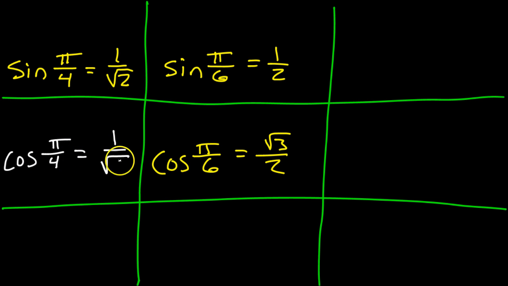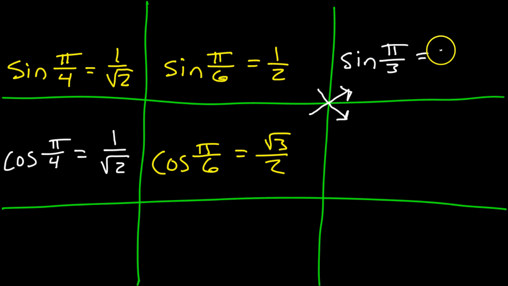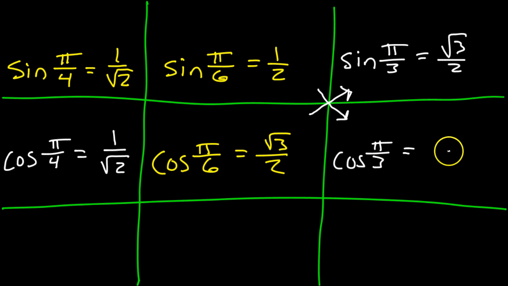So that is also 1 over radical 2. Second, these two are reversed for what comes next, because we need to know the sine of pi over 3, but that's going to be radical 3 over 2. And we need to know the cosine of pi over 3, and that's going to be 1/2. See how they just crisscross?